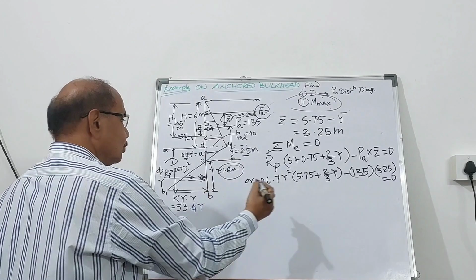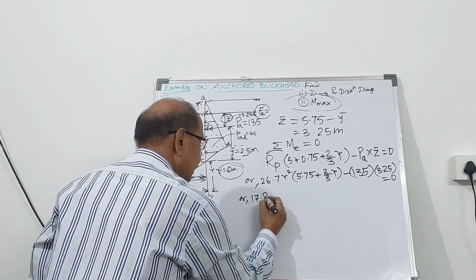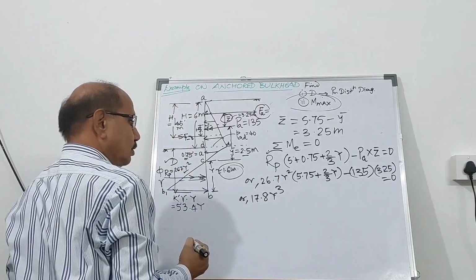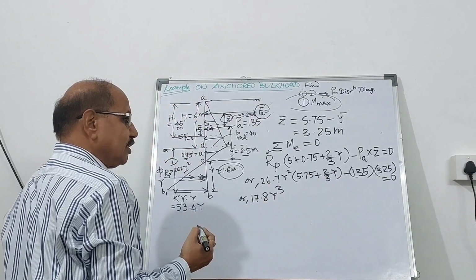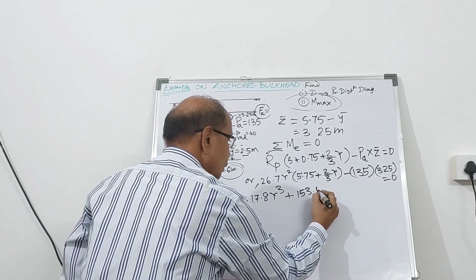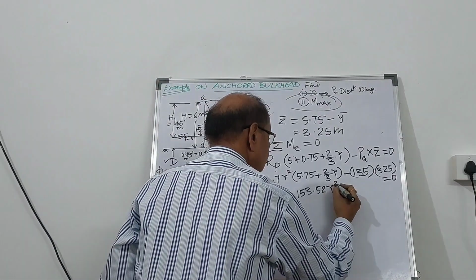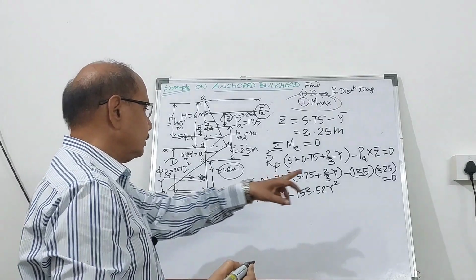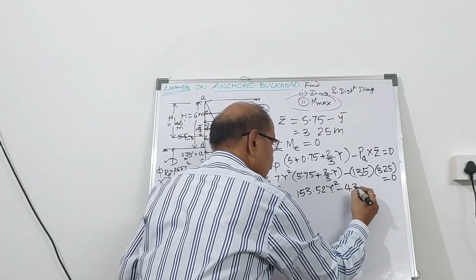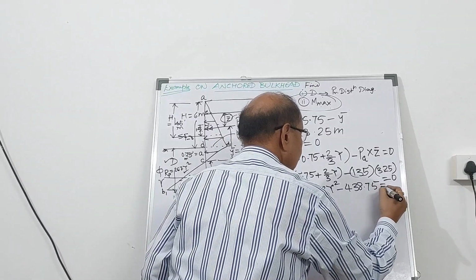If you simplify it, we will be getting 17.8 y cube plus 153.52 y square, and this term, if you multiply it, it will be minus 438.75 equal to 0.